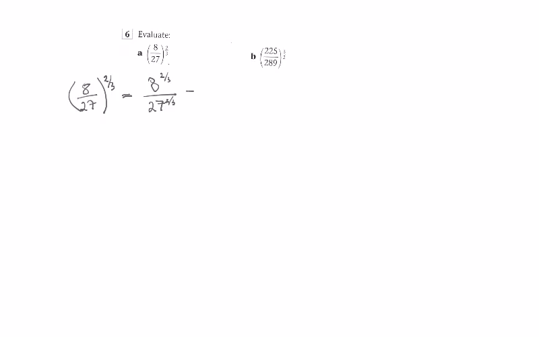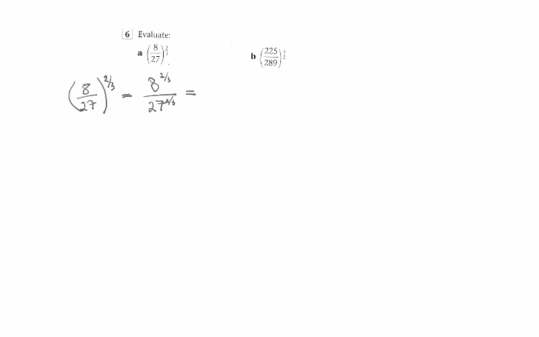Now, what does the power 2/3 mean? Well, we can think of it as the cube root of the square or the square of the cube root. Generally, it's easy to think of it as the square of the cube root.